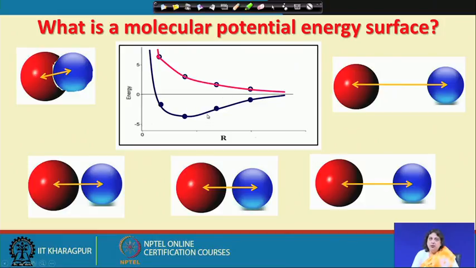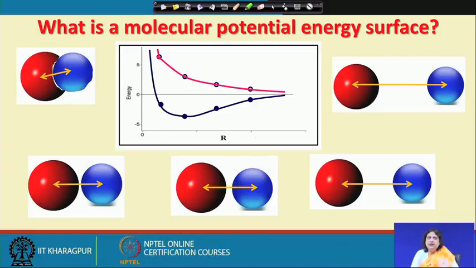So, the lower curve gives me the potential energy curve for this particular system, the ground state potential energy curve. And this is the first excited state potential energy curve obtained by solving for the first excited state solution at different geometries.